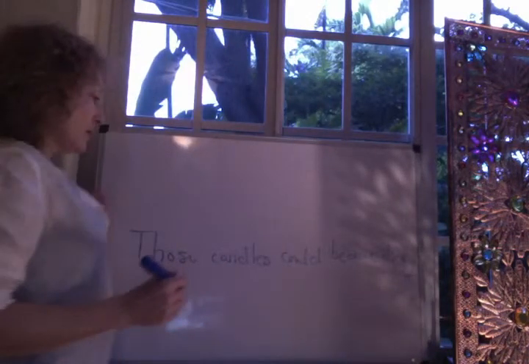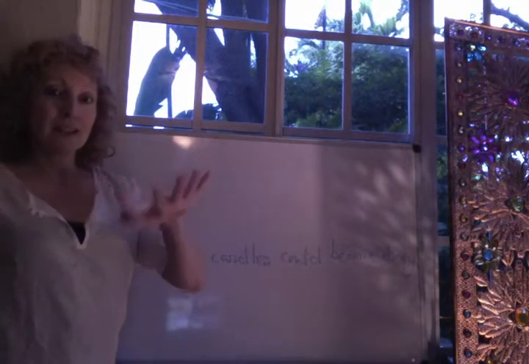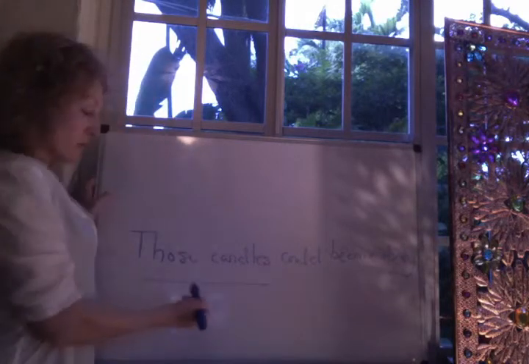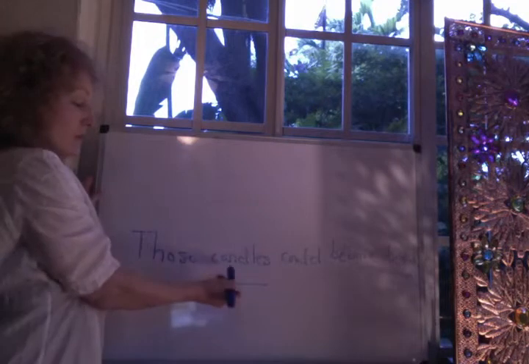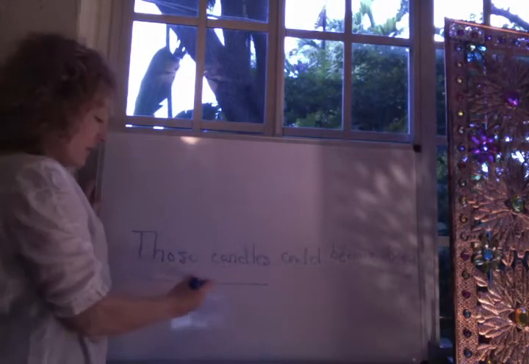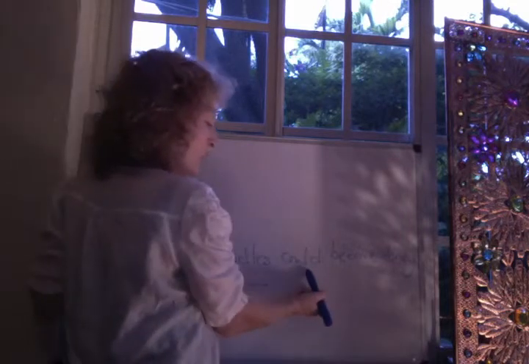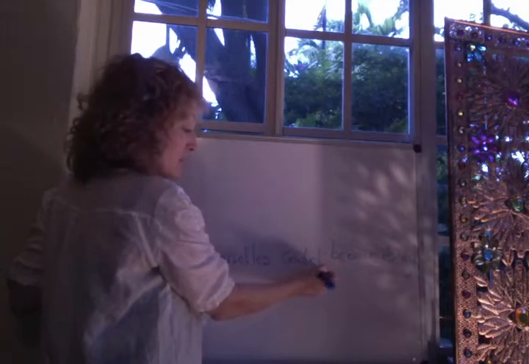So what's happening here? Again, identify the subject, get rid of it, eliminate it from the sentence. It's not going to make any difference. Those candles, because those is modifying candles. Those is a determiner that is giving you information about the noun candles. So as the subject, we're going to forget about it. And then we have this could, a type of the modal verb, past tense because we have D here.